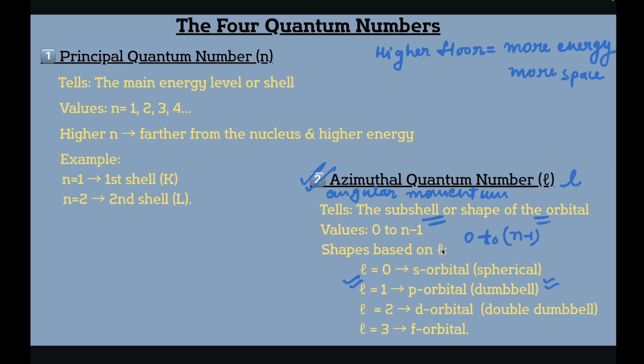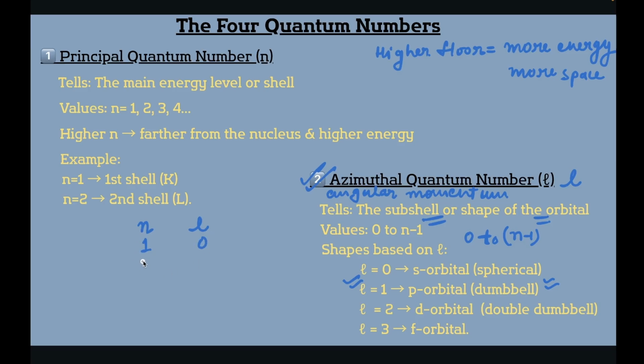We will discuss the shape of orbitals in the next video. So here we will discuss only what the azimuthal quantum number is and how we calculate the value of l for a given electron. So if n is 1, then l will be 0.